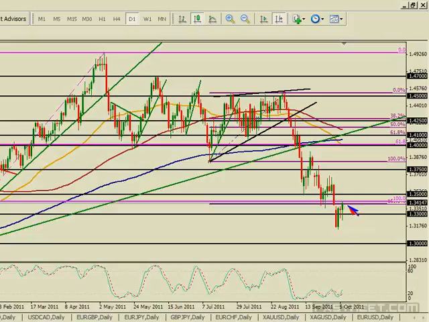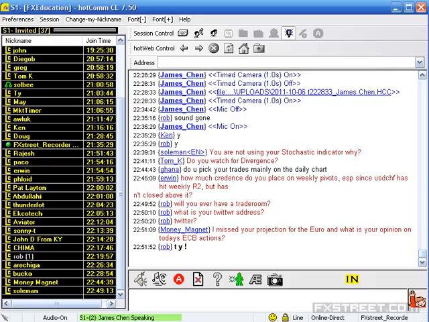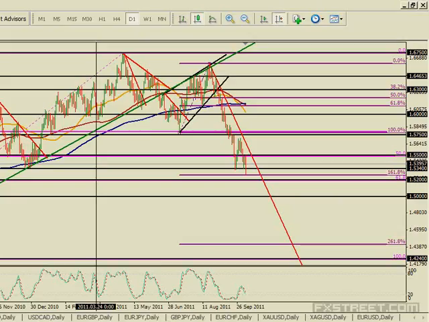We're seeing a pullback here, but I'm looking for further downside, a break below 133 again, and then possibly to 130 on euro dollar, and overall bearish on all of these currencies against the dollar.